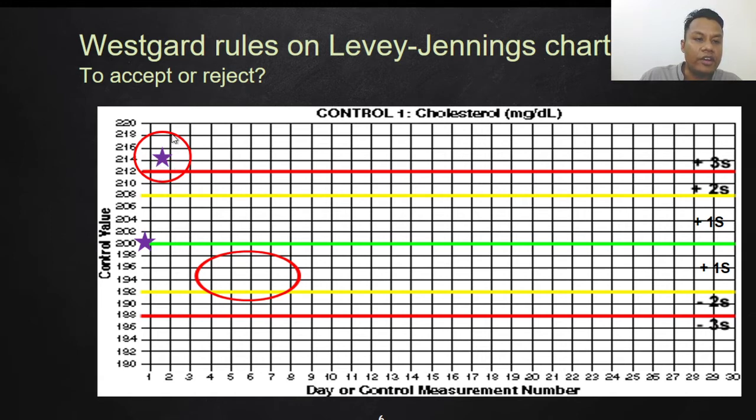This is called a random error. For random error to happen, most of the time it is probably because of environmental factors such as a problem with the electricity or the temperature, or even one of the reagents being used is already expired.